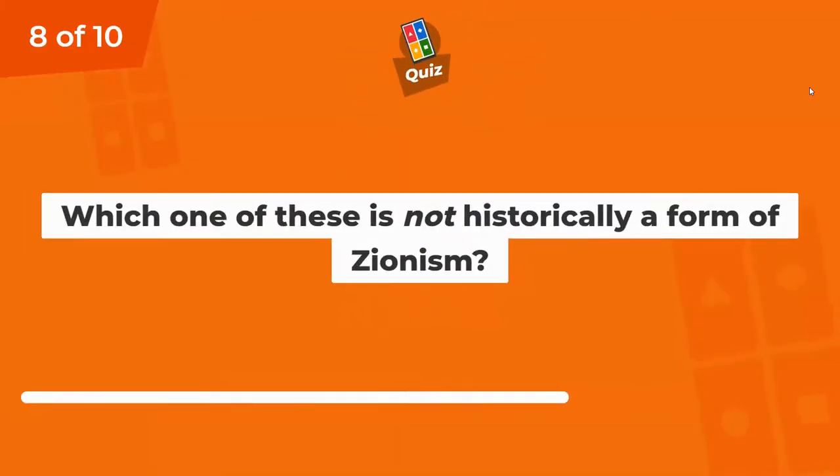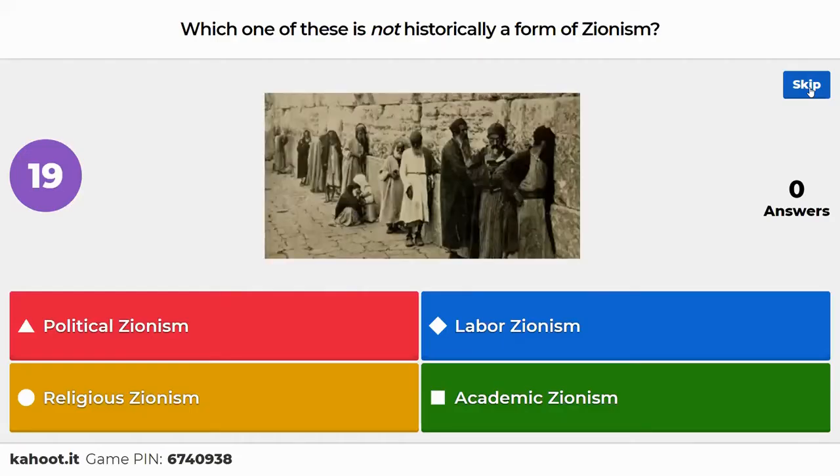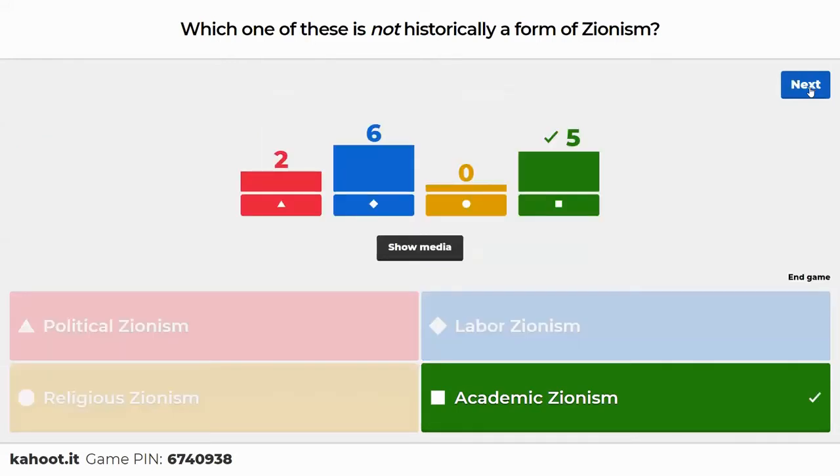Which one of these is not a form of Zionism? Academic Zionism is not historically a form of Zionism.